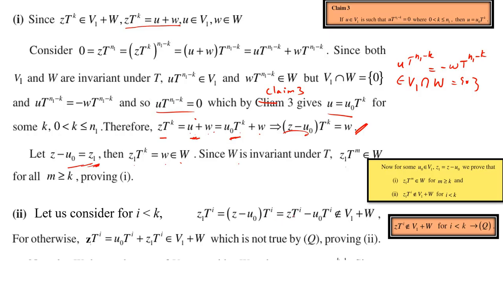Since T is a homomorphism, you can write this like this: Z T power I minus U naught T power I. This does not belong to V1 plus W. Why does it not belong to V1 plus W?